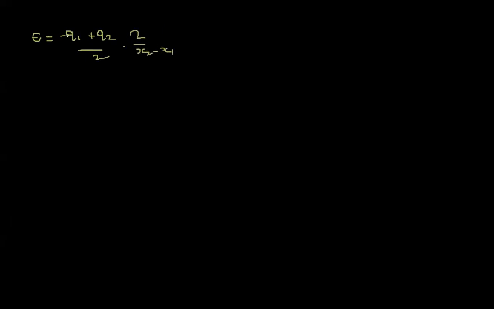This is the strain formula for the one-dimensional bar element having nodes 1 and 2. Here the 2s cancel. At node number 1 I have assumed x1, and at node number 2 it is x2. Therefore x2 minus x1 is called the length of the element.